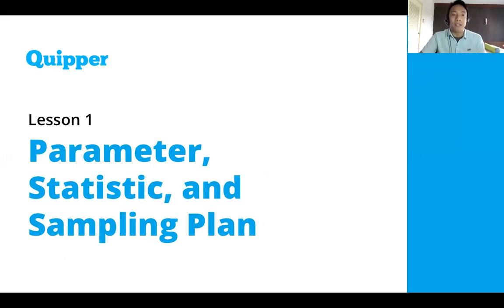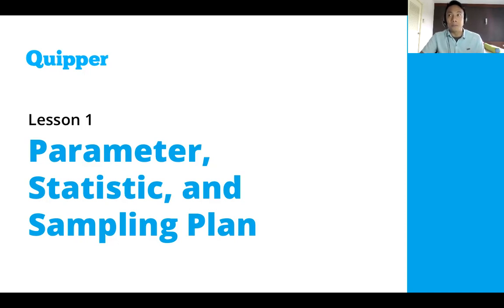So we have lesson one for the finals: parameter, statistic, and sampling plan. As you can see, these are some words related to your research. The parameter, statistic, and sampling plan.